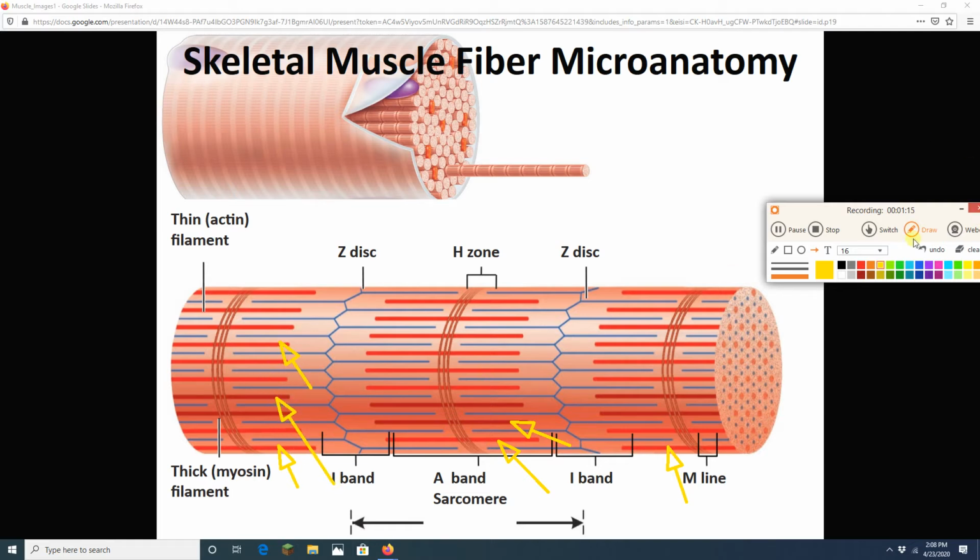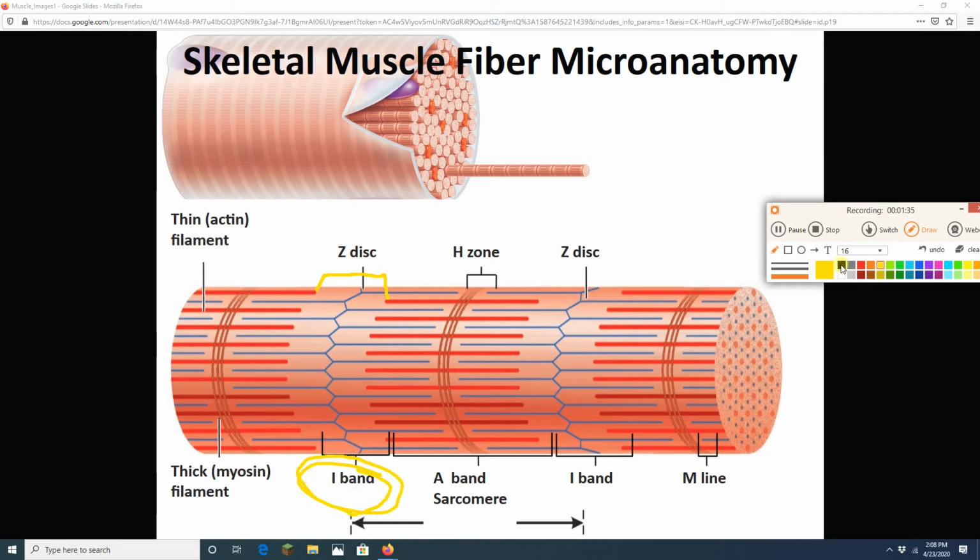And what you're going to notice is that there is a pattern, there is an arrangement to these guys. We are going to have a region from here to here that is only thin filament. That region is called the I band.